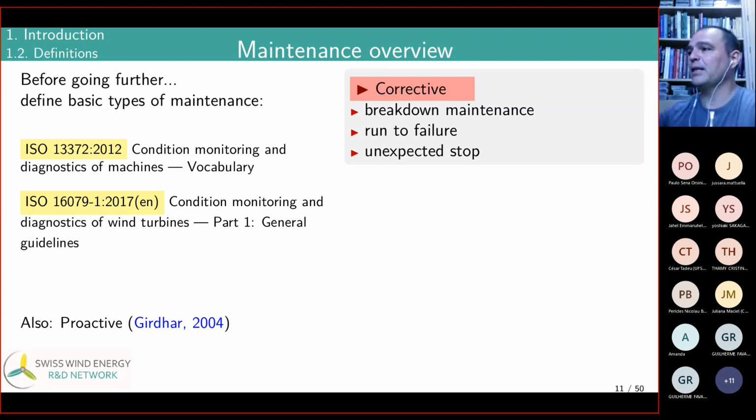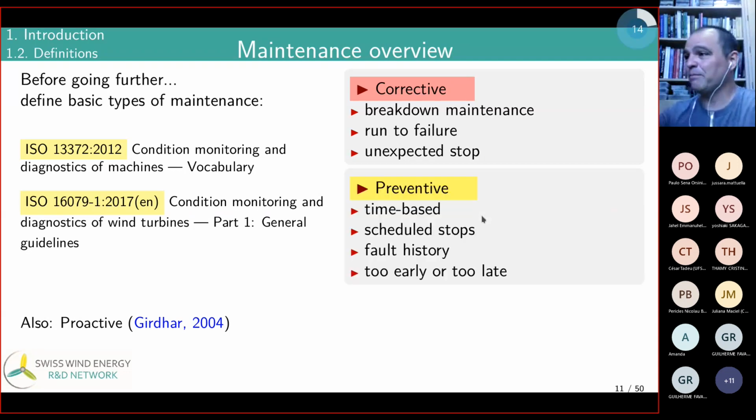So what happens is that most of the time it's an unexpected stop, right? Perhaps you are hearing some vibration. If there's an experienced operator, he will notice. It's like an experienced pilot who says, okay, this airplane is going to fall down right in a minute. But if you're not, it's unexpected.